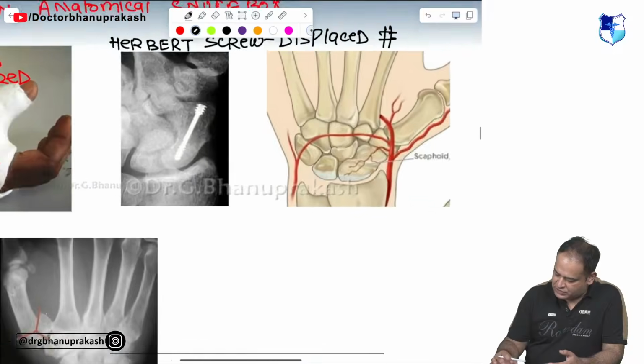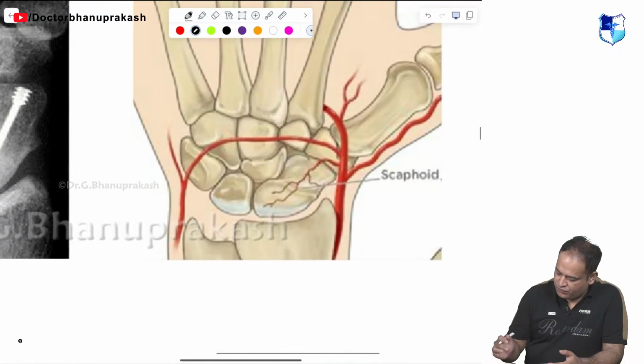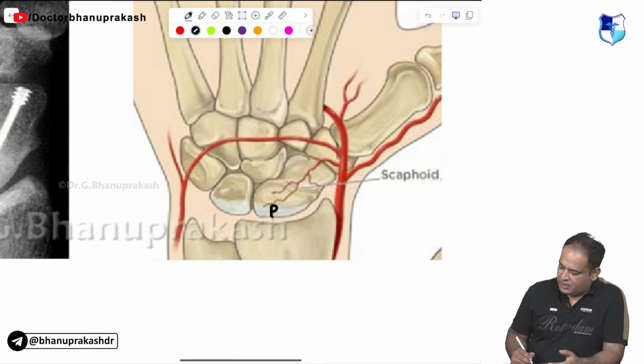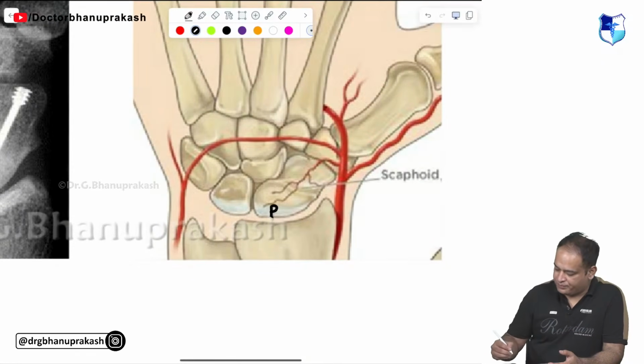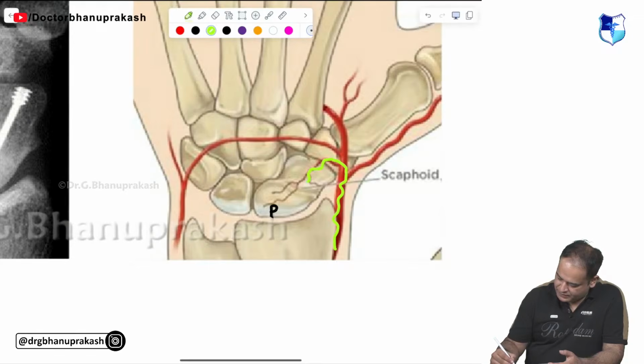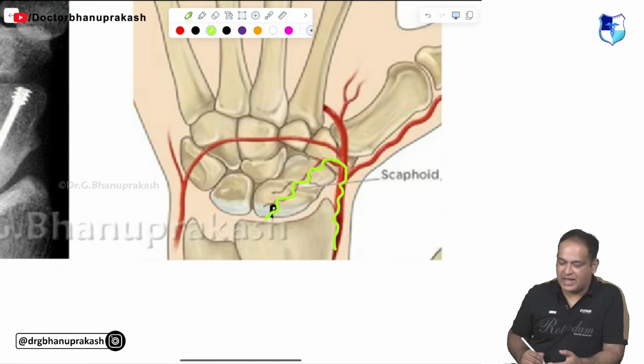Now this image will explain why avascular necrosis is common in the proximal pole. Blood supply to the scaphoid enters like this.